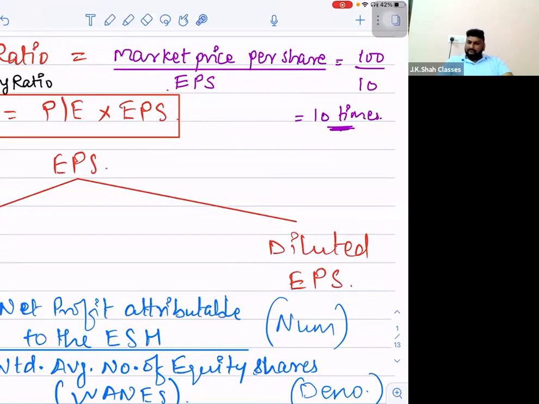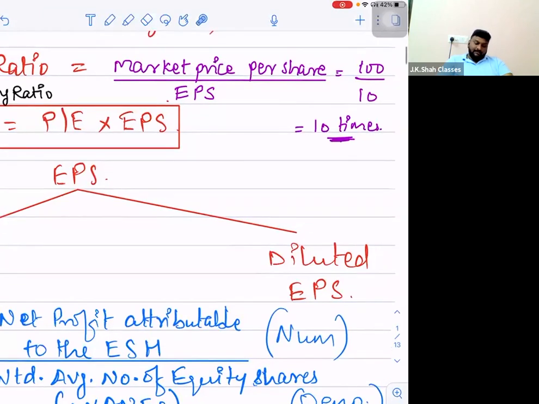Now, the formula is market price per share, which we call MPS, divided by earnings per share. So let us put a numerical figure. Assume the market price is 100 rupees and your earnings per share is 10 rupees. So you get an answer of 10 times. What is the logic of this 10 times?